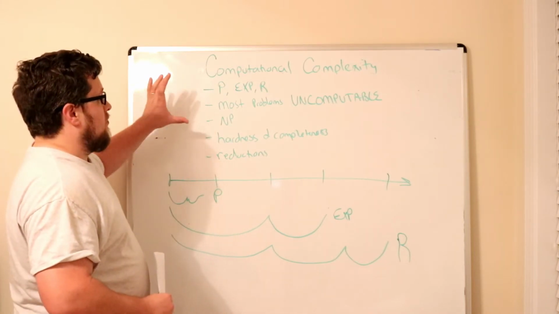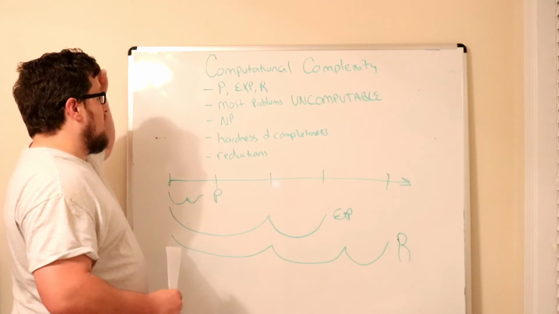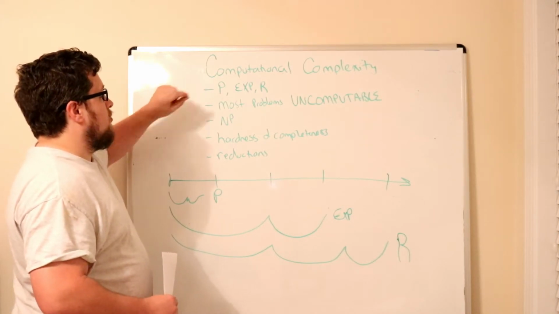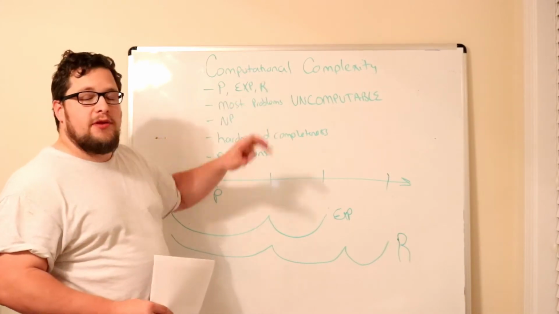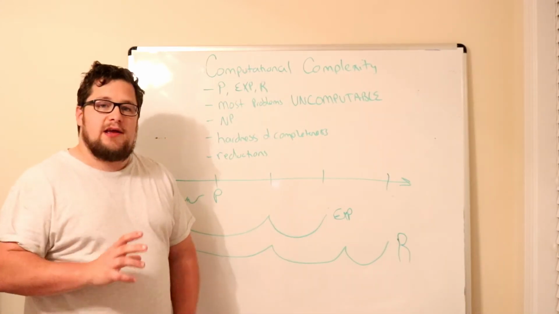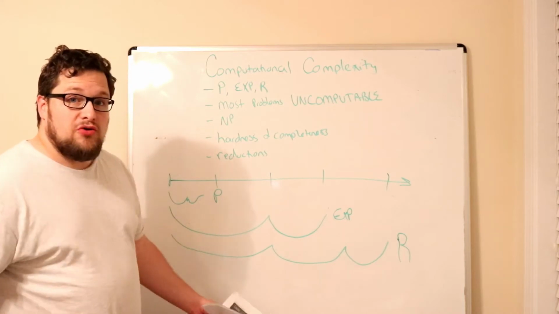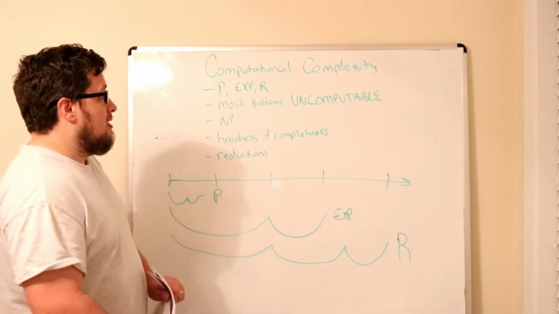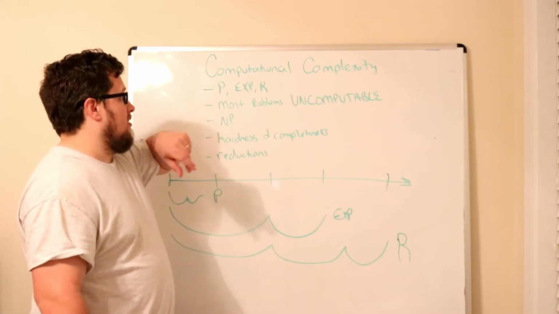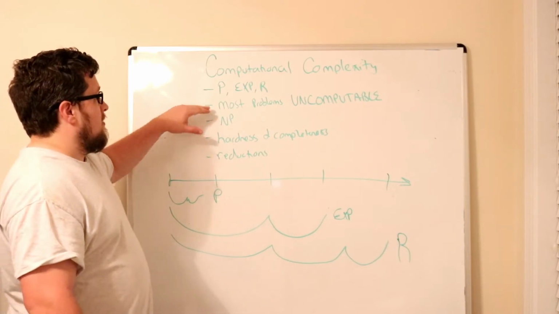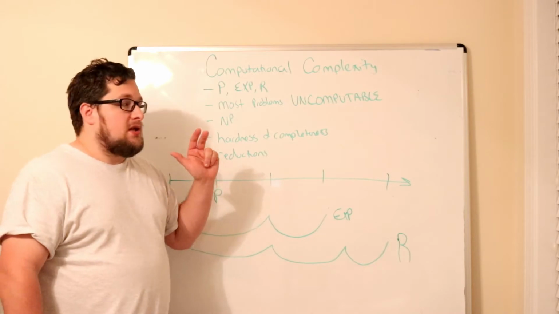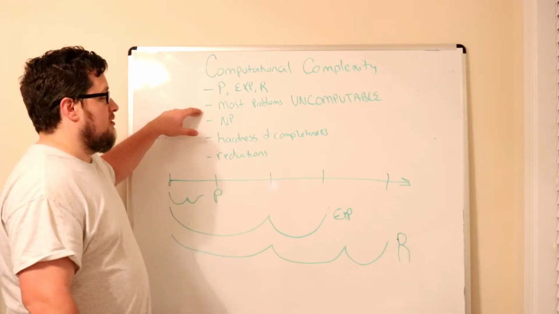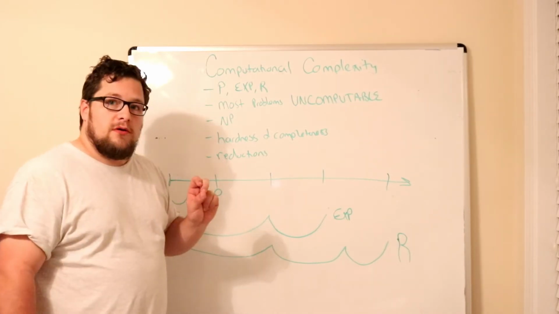So we are going to be talking about things that are solved in polynomial time, exponential time, and some sort of finite time. That time might be measurable in months or years, or we just know it can be solved. But the one thing that I want to talk about a little bit is that actually most problems are uncomputable.